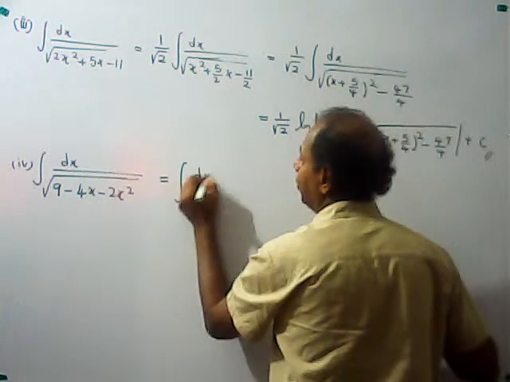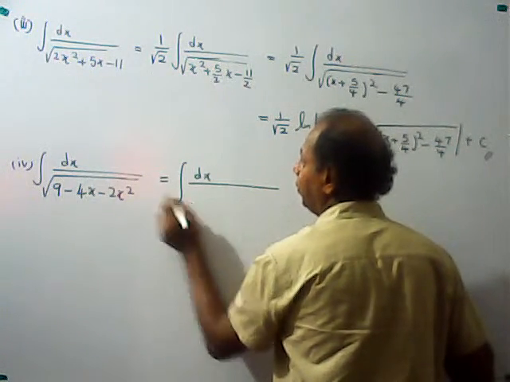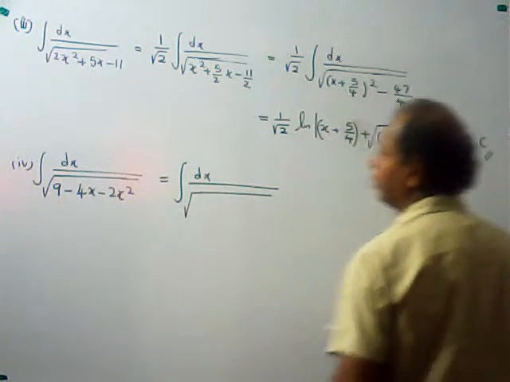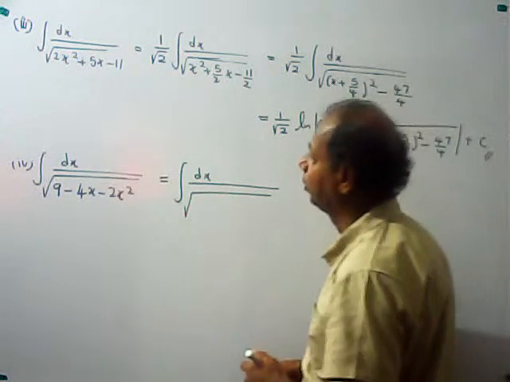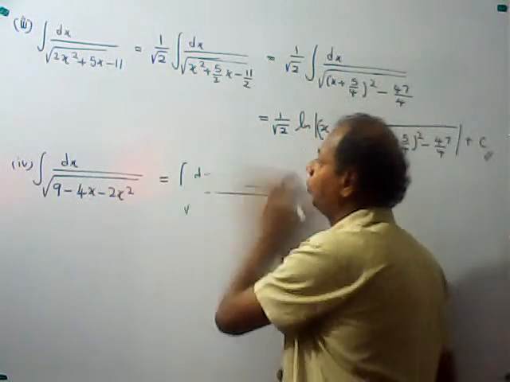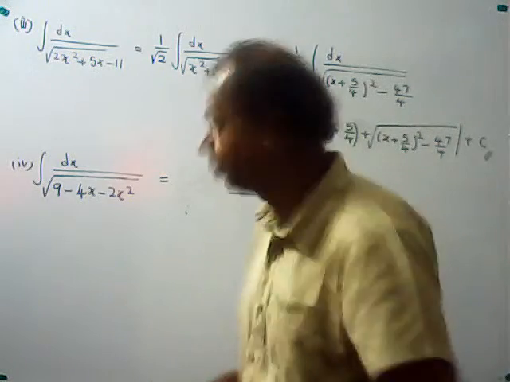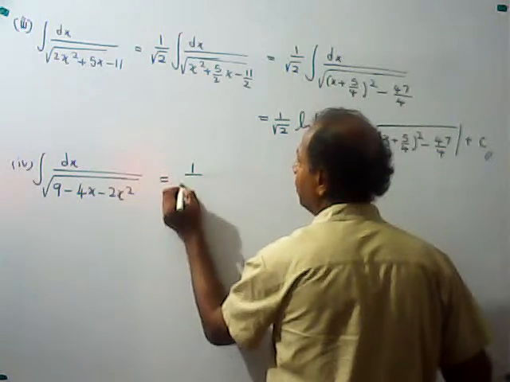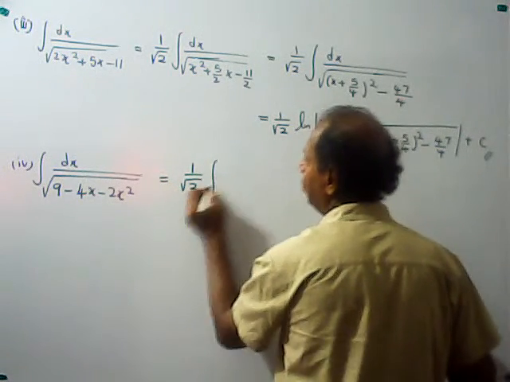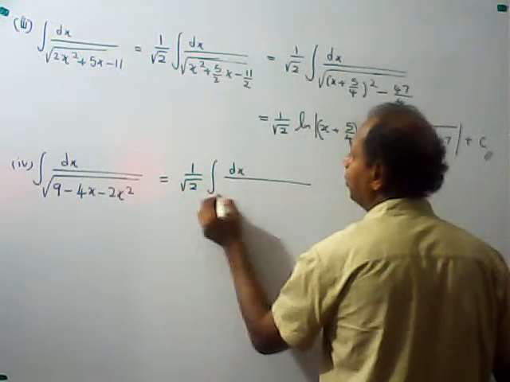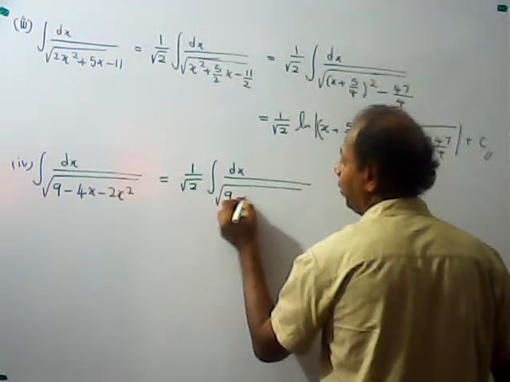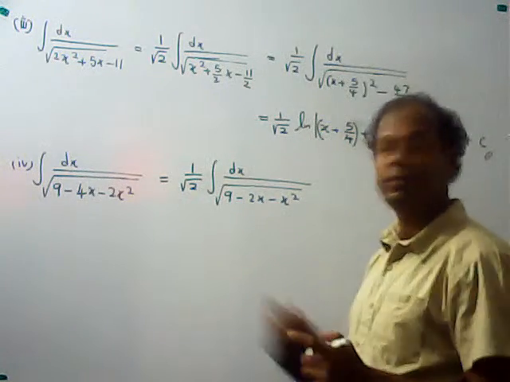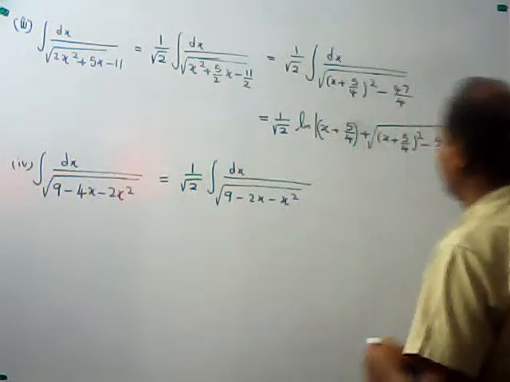This you have to take within the square root. You can take 2 out, but not minus 2. We first take 2 out, because the coefficient of x squared is 2. So it comes out as root of 2. So dx over square root of 9 minus 2x minus x squared. Now minus 1 we will take within the square root.